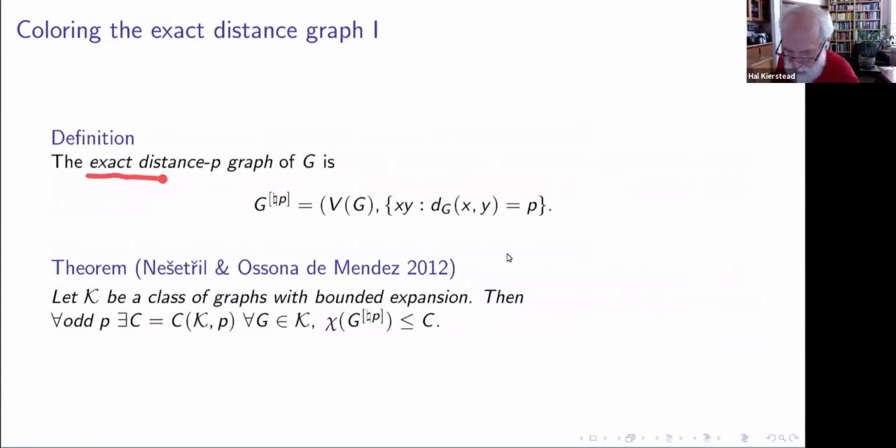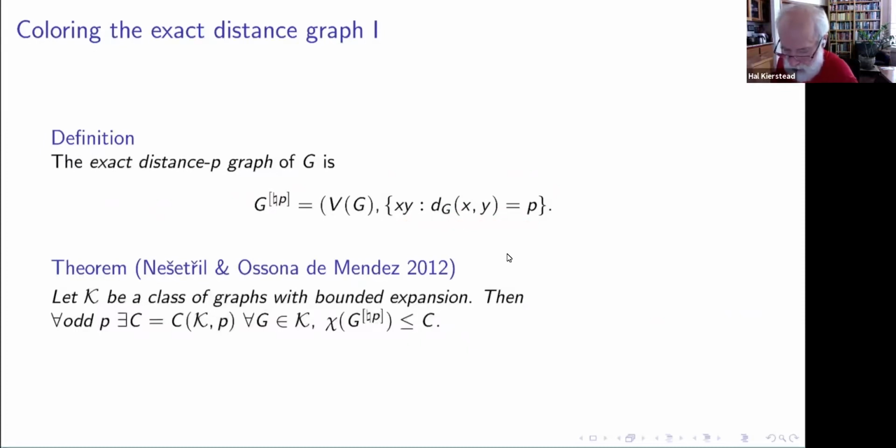The exact distance p graph of G is the graph that you get by using the vertices of G and putting an edge in between two vertices if the distance between them is exactly p.